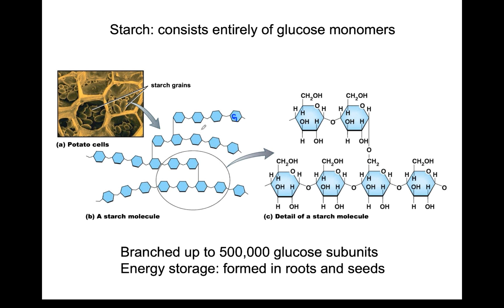You can see the branch occurs here, and here, and here. The main function of starch is energy storage, and starch is formed in plant roots and seeds.